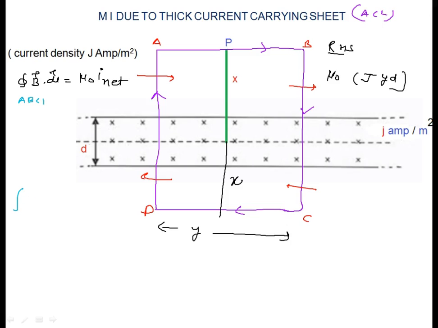Now you write, this is B dot dl, limit is given from A to B, and again B dot dl, limit is given from C to D, because in both the regions A to B and C to D, theta equals 0 degree.